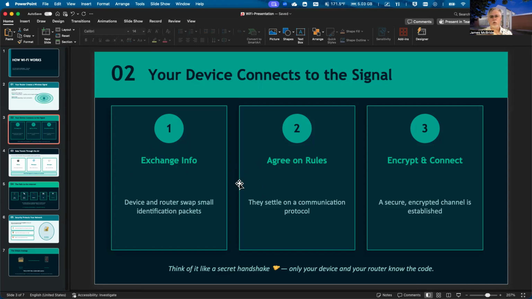You're both agreeing on a certain set of rules, and that's called the handshake process. It encrypts at that point, so that the passphrase or password is not sent in clear text that somebody could just pick up and see. Then finally, it determines your password was correct.